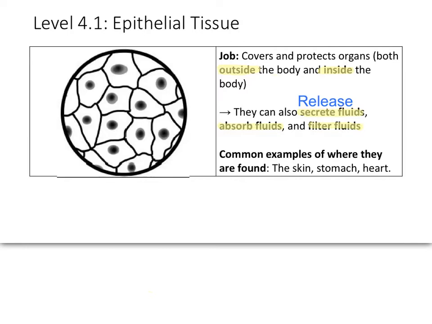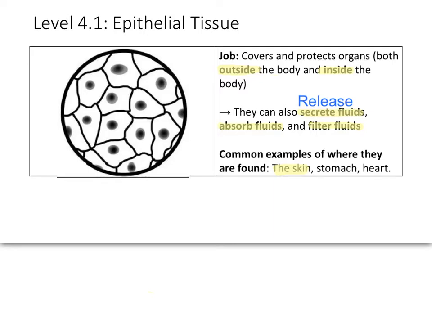Now, a common example, and this is probably the most common, is the skin. The skin is epithelial tissue because its entire job is to do what you think? Cover and protect organs. So pretty much your skin is protecting all of the organs inside your body.